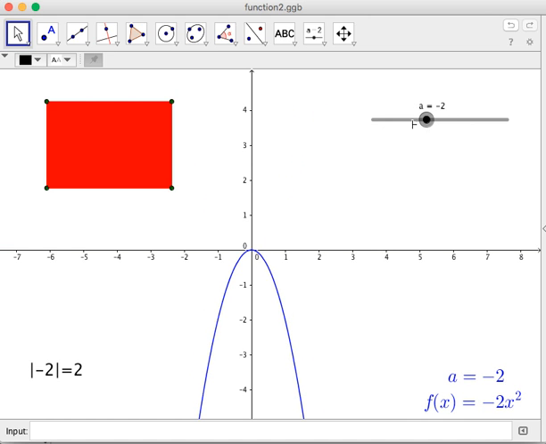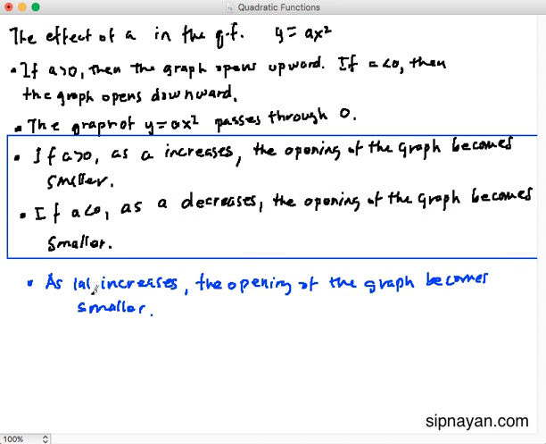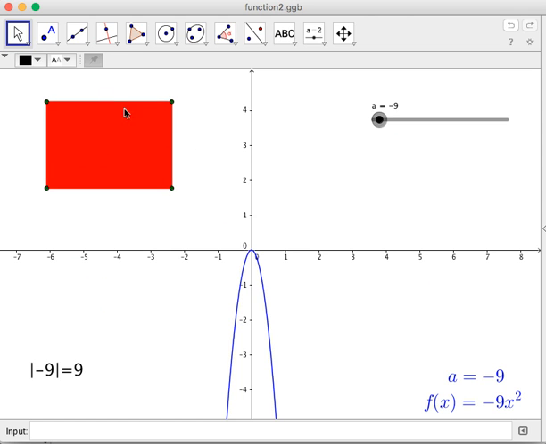Pag dinecrease mo yung actual number, yung absolute value niya, tumataas. Kaya pwede na nating sabihin dito na isa na lang, increases na lang. Kasi ganun din naman pag increase mo yung negative number at kinuha mo yung absolute value.